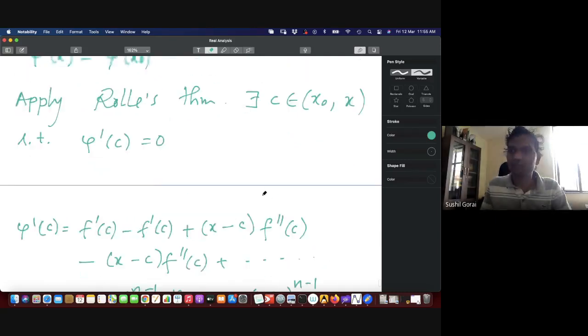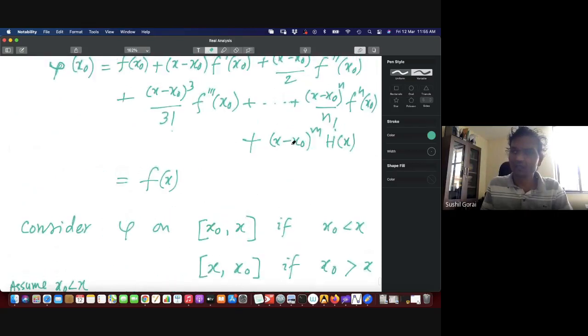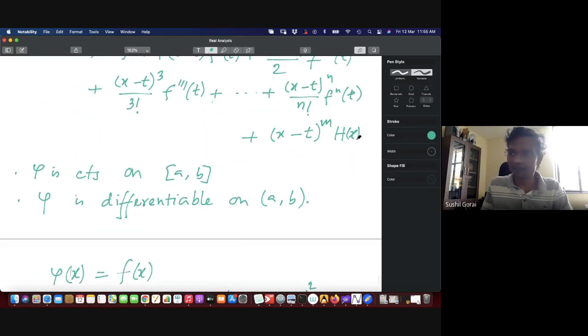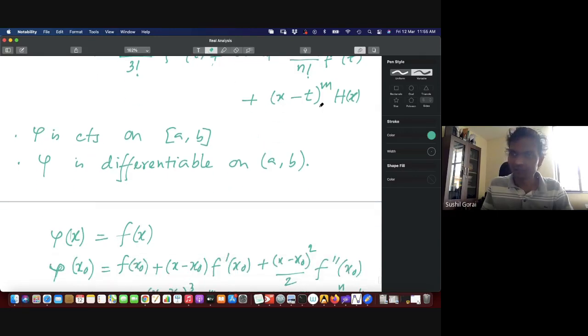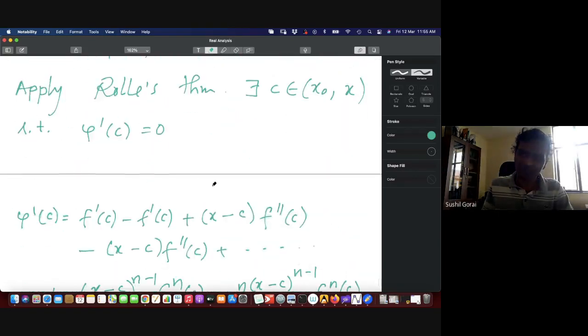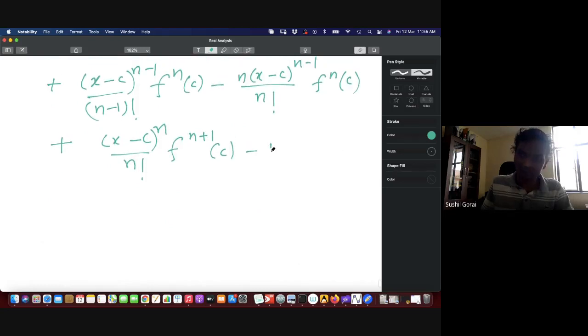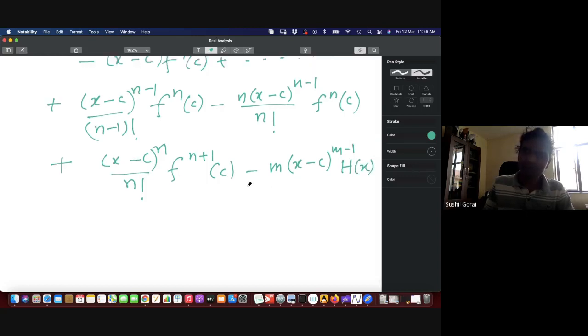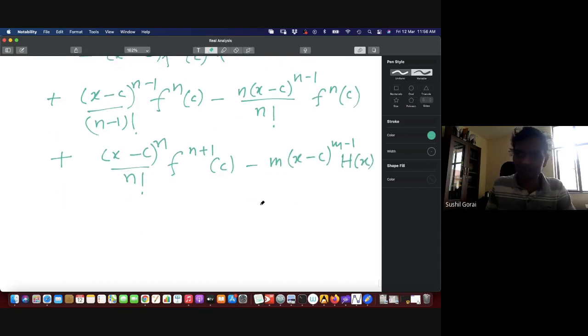And then, this term h does not depend on t, so it would be here only. So this will be minus m times (x minus t) to the power m minus 1, minus m times (x minus c) power m minus 1, h of x. Right? Now this is equal to 0.